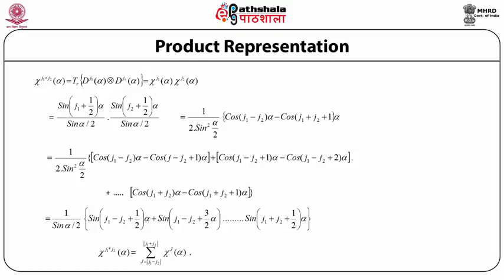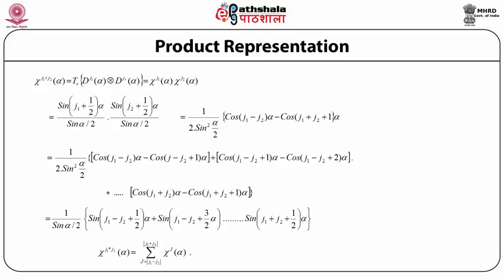Continuing this, we can write the character in the form of 1 upon sine alpha by 2 multiplied by sine j1 minus j2 plus half alpha plus sine j1 minus j2 plus 3 half alpha, and so on and so forth, till we come to j1 plus j2 plus half alpha.